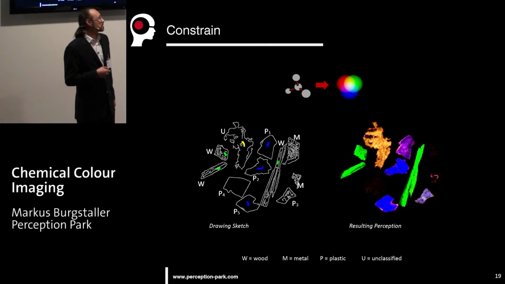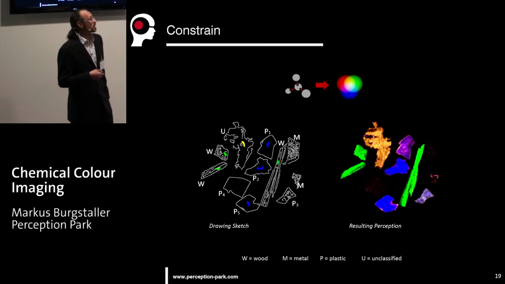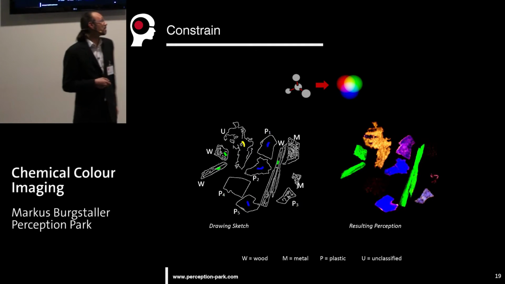And I tell the system, find the proportion of red that might be okay. That's the output image. The blue spots denote the blue teach points, here the green one, and that one is the yellow teach point. What you get is that perception, and that is really interesting.